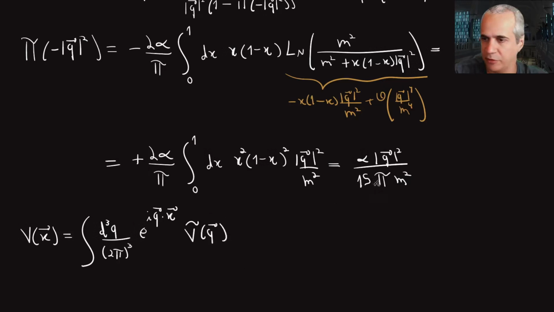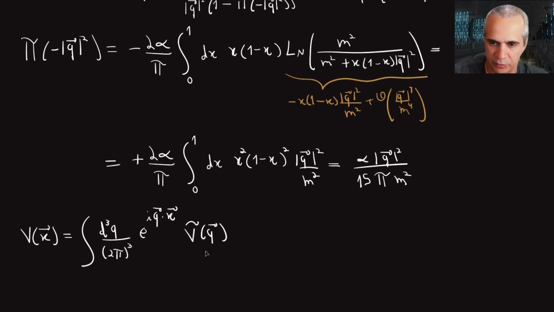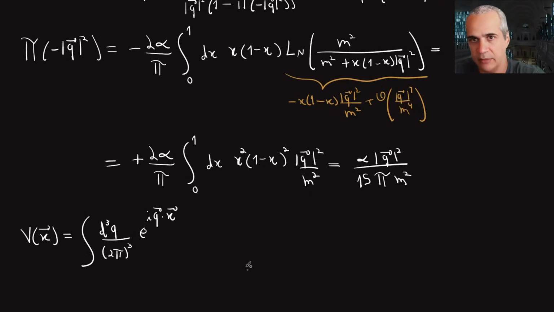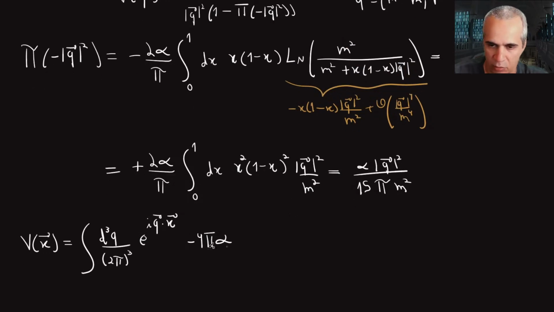But V tilde of q is just plugging this expression up here. Let me do that, right? And that becomes just minus 4 pi alpha, which is just this e squared in the numerator here, over q square times 1 minus Pi of minus q square, which is this expression.